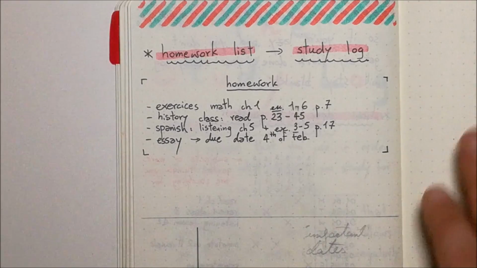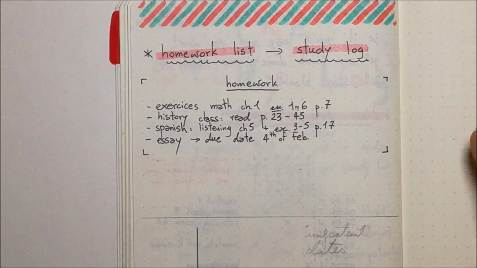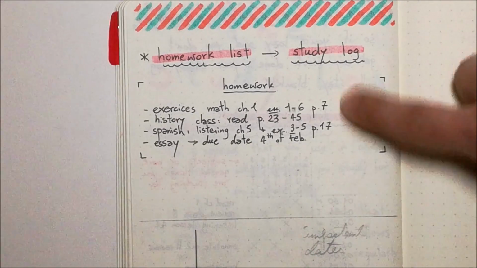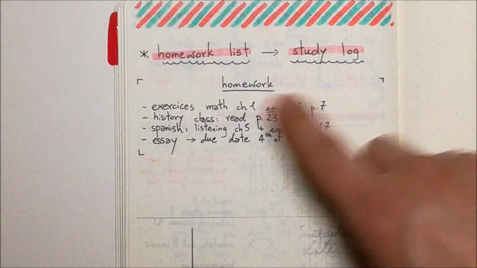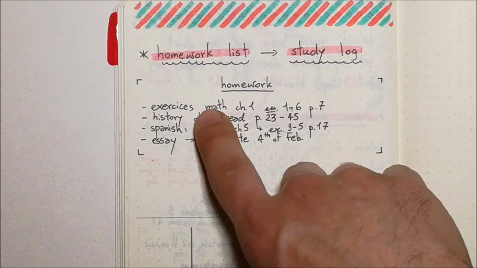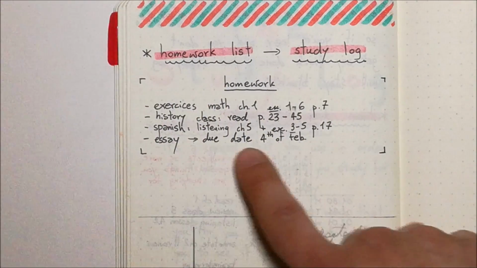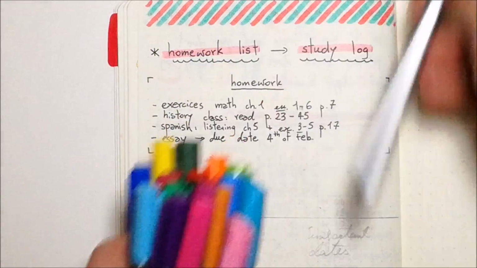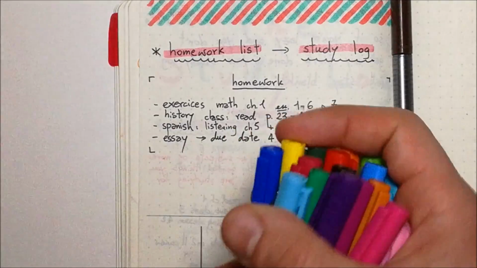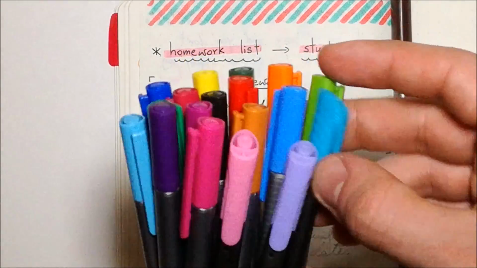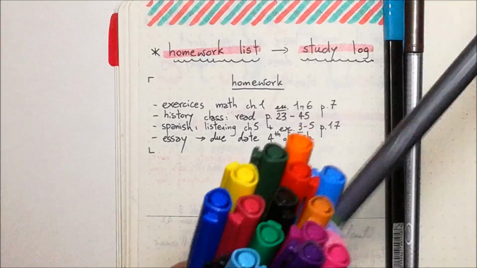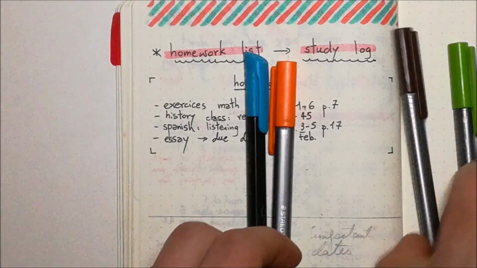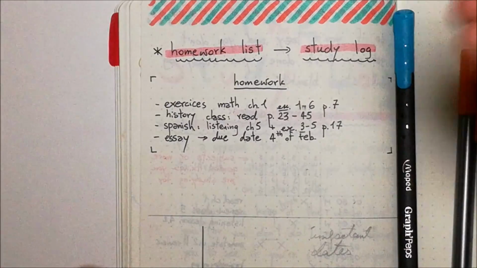As you know, I am a fan of colors, so I'm going to set up a color coding system according to this list of homework. As you can see, we have some math, some history, some Spanish, and some English literature, let's say. Let's pick 4 colors. I'm going to go for brown for math. Let's pick this blue, this green, and this orange.